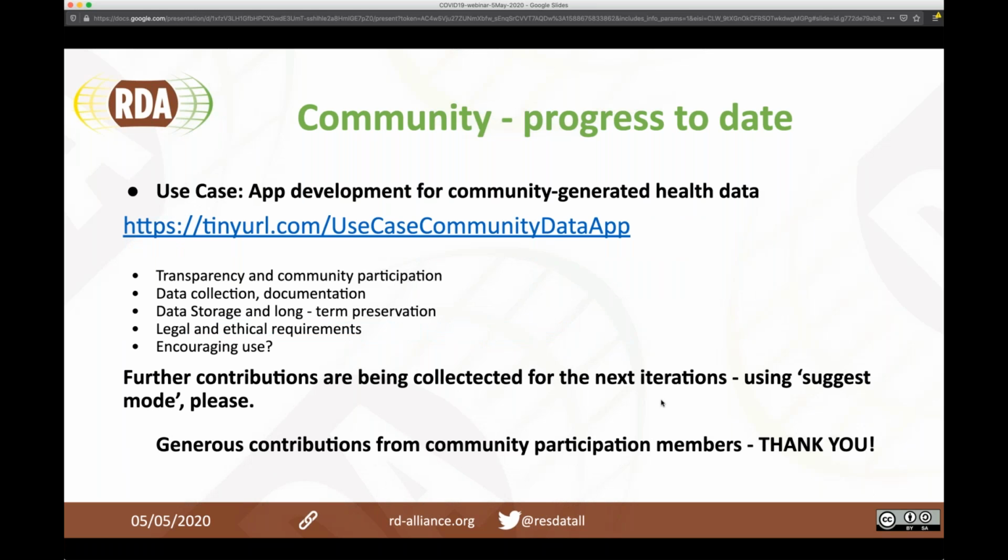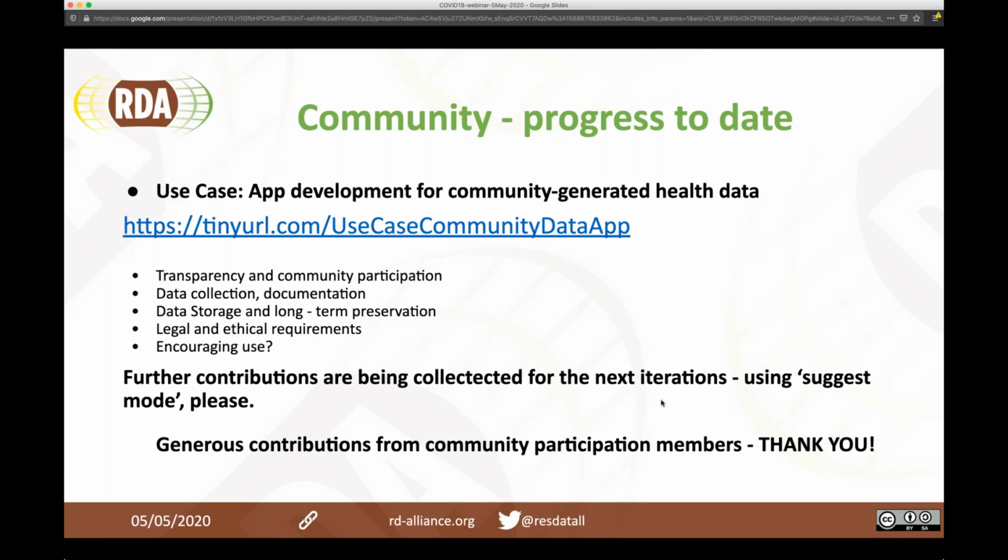I'll just touch upon the second document on the use case, which was the focus of the group's work last week. We had a writing sprint with over 30 participants, which was very good. We've developed this working document, which is available at that link, and we welcome further contributions to it.